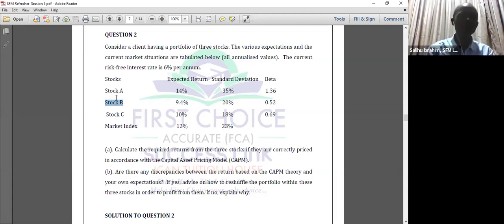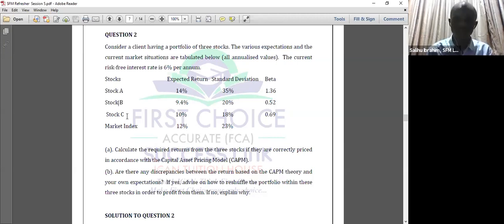But when we are talking of the portfolio as a whole, we are talking of the risk attached to the portfolio, and it is measured by the standard deviation of that portfolio as a whole.